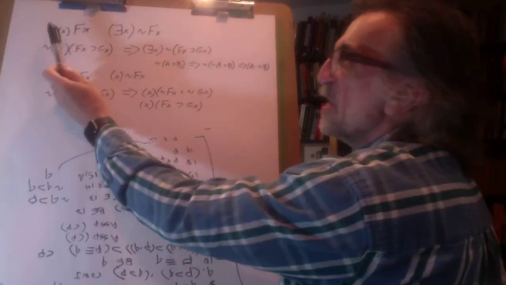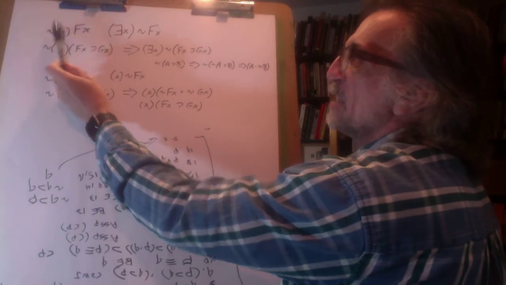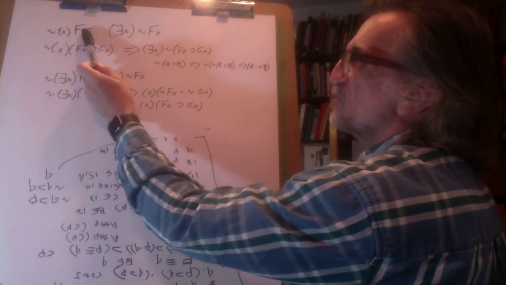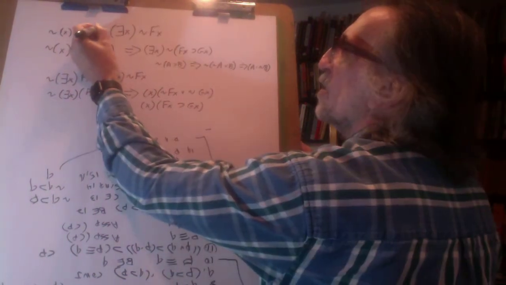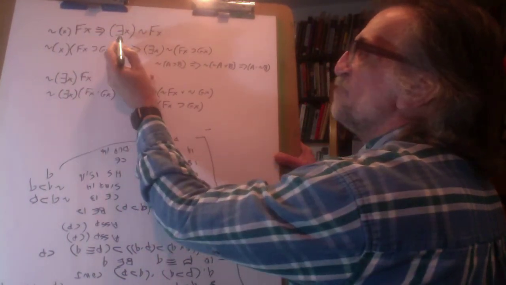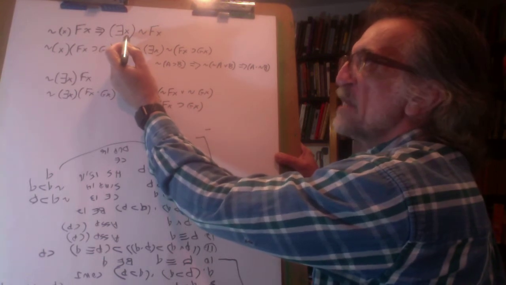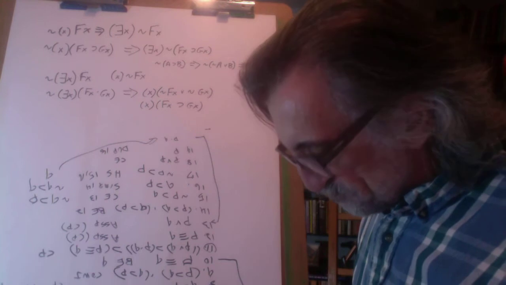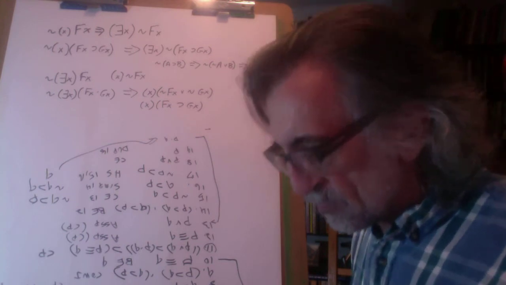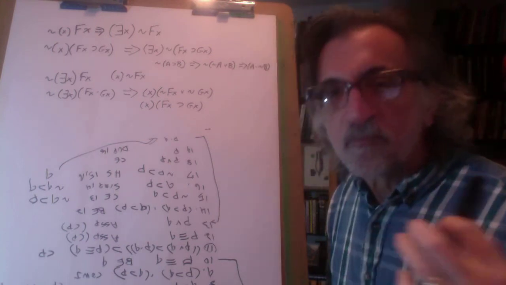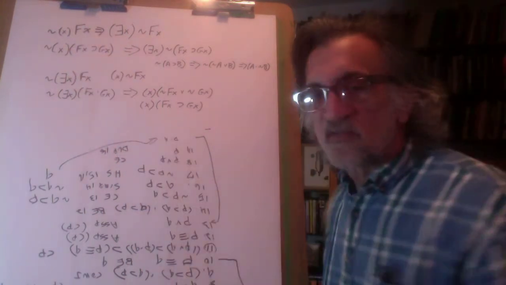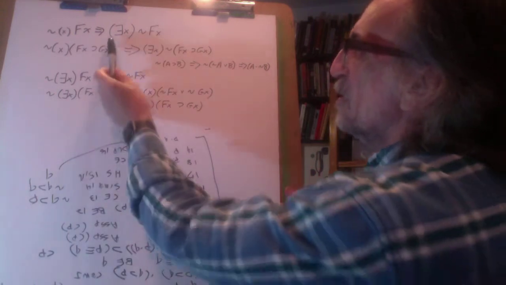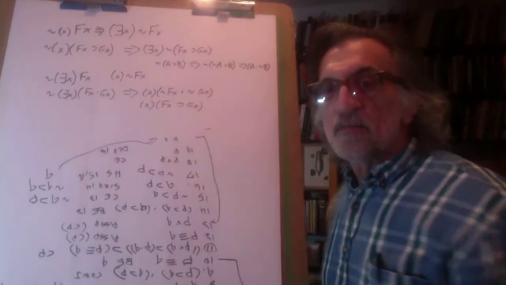That is, if you've got, it is not the case that for all x, f of x, this becomes, there exists an x such that not f of x. It's not the case that everything is a flower, okay? That means there's at least one thing that is not a flower.